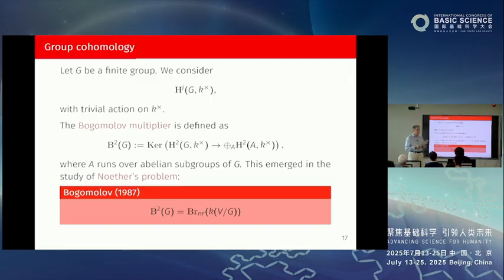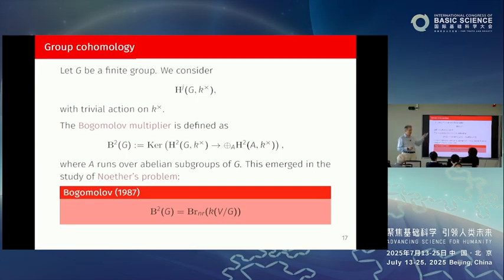Bogomolov proved in '87 that this purely group-theoretic invariant is equal to the unramified Brauer group of the field of invariants, where V is an arbitrary faithful representation of your finite group G. There was this question whether or not such fields of invariants are rational, and unramified cohomology is an obstruction to rationality.